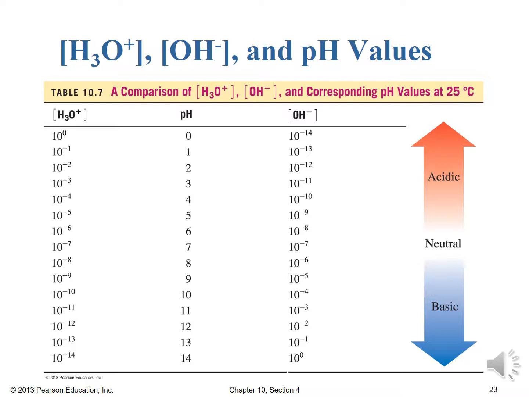And notice that it's related in the reverse relationship with the OH minus, where the pH is 0 because 10 to the 0 is our H3O plus concentration, and the OH minus concentration is 10 to the minus 14.